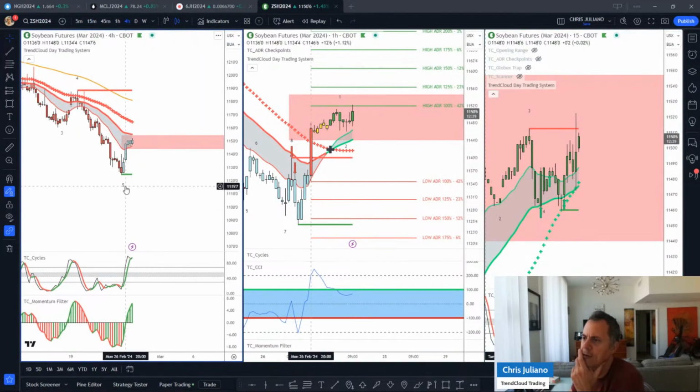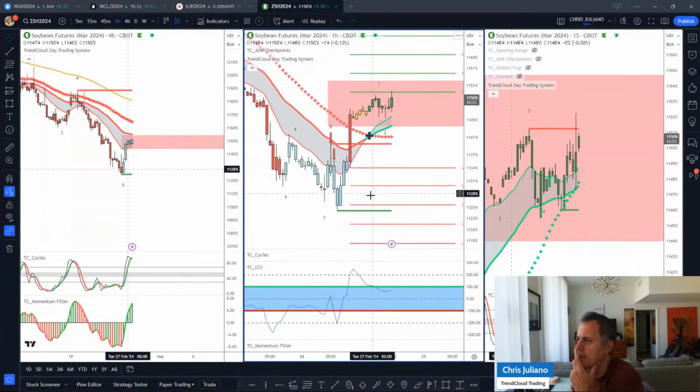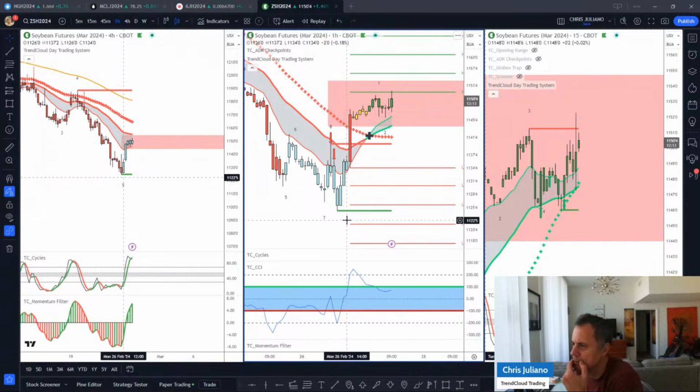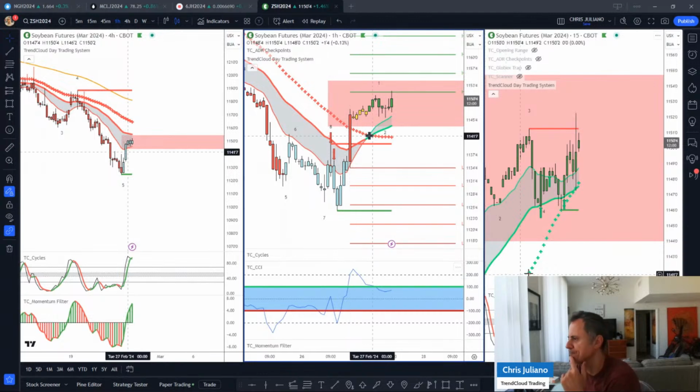But right here, right when we started to cycle up, that was yesterday at 11. Okay. And right here is when we broke above positive 100 on our cycle indicator. On our CCI indicator.